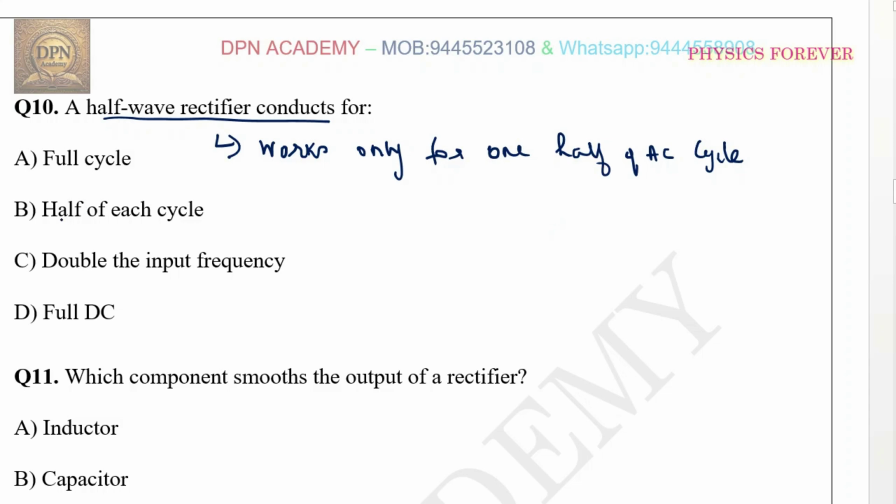Appo the answer will be half of each cycle like this. Okay, so this is of only half of each cycle. Then full wave rectifier la only the positive cycle, anga vandu only the positive cycle of both halves, keele varadu, only upper only. But in the half wave rectifier only the half of each cycle from upper and lower, crest and trough.